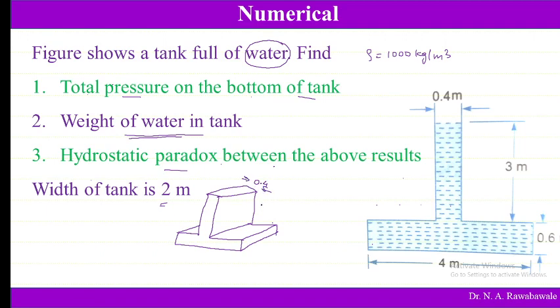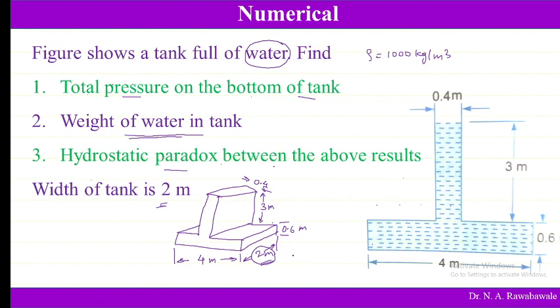This distance is 3 meter, and this is 0.6 meter, whereas this is 4 meter. The width of the tank is 2 meters, so this distance is 2 meter. This width is given as 2 meter, which cannot be shown in this front view. We can see this width of 2 meter in the side view.